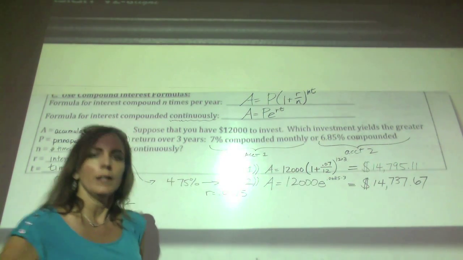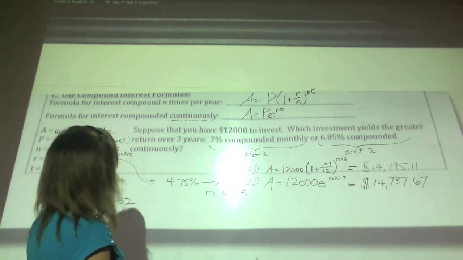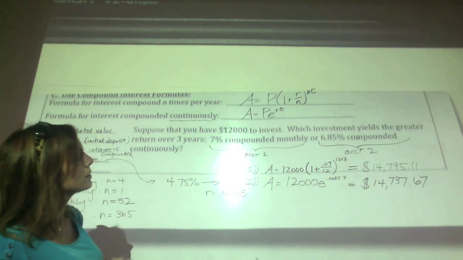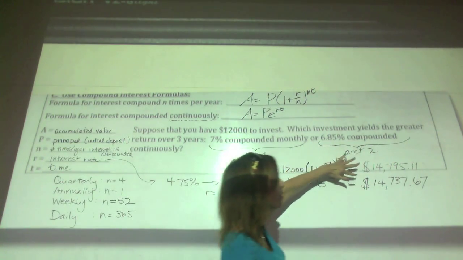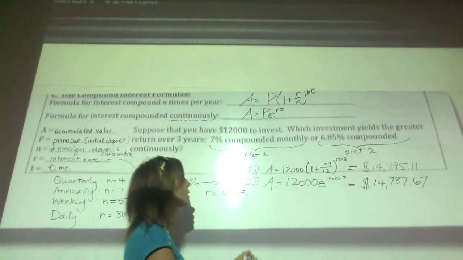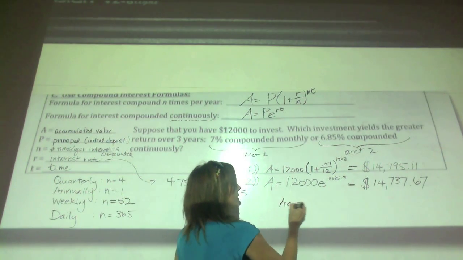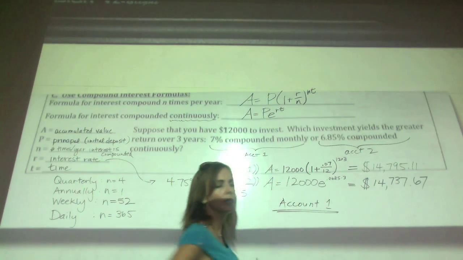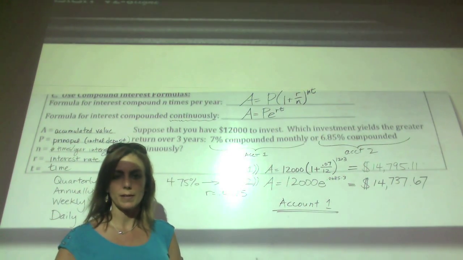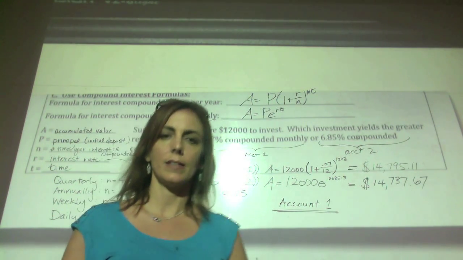Now let's go back and answer the question. Which investment yields the greater return over 3 years? I compare the two amounts. Account 1 is the better one, so account 1 is the winner. That's where I'm going to put my money when it's time for me to invest. All right, take care, guys. See you next time.